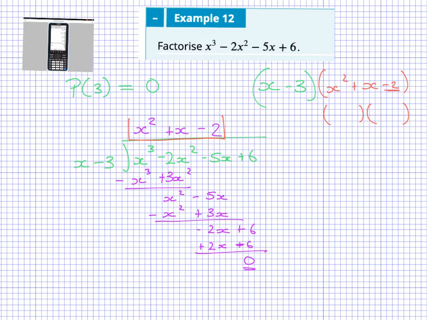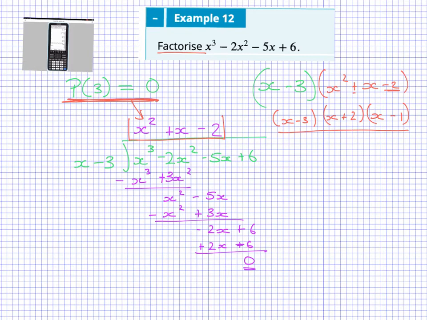Now, if I can factorize this, I will have completely factorized this polynomial. So factors of minus 2 that add to make 1 are clearly 2 and 1. It needs to be a positive 1, so there's a positive 2 and minus 1, giving x plus 2 and x minus 1, and my third factor I knew from x minus 3. So you can see the benefit here of how the remainder theorem fits in with the factor theorem, and with long division allows us to jump straight to the factors of a polynomial.